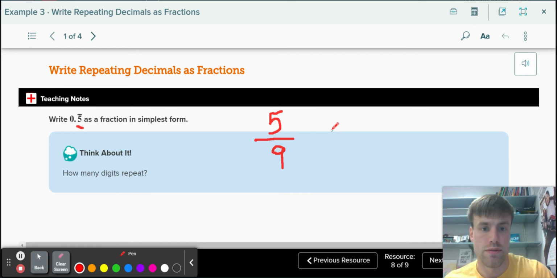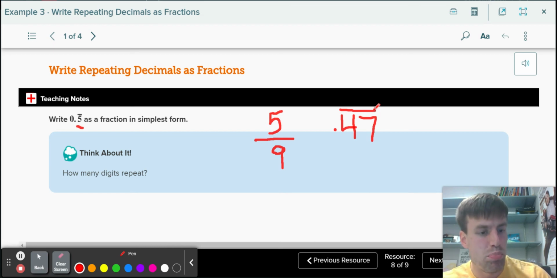So if I have, for example, 0.47 repeating, okay. Since this is a bigger number, I obviously can't put it over 9. It won't quite be the same.